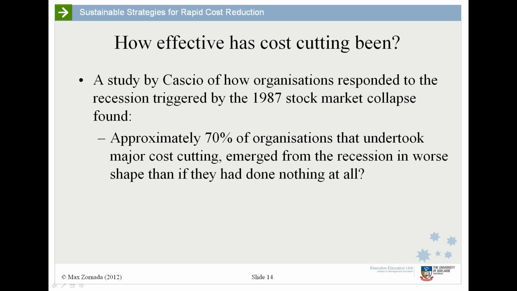And he determined that, in fact, of the organisations that got through it, 70% of them that used major cost cutting as their strategy actually emerged from the recession in worse shape than if they'd done nothing at all. So it's quite a telling outcome.